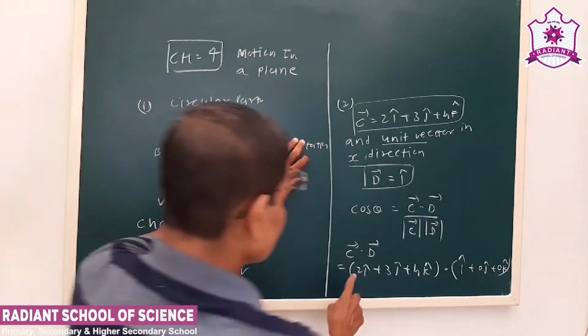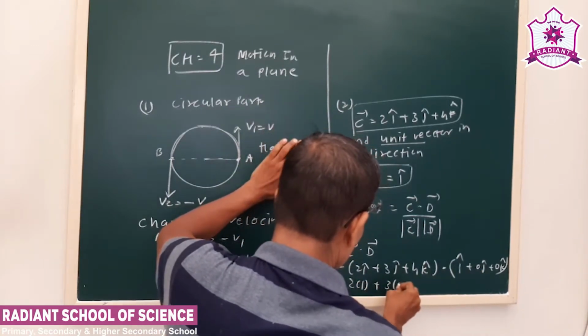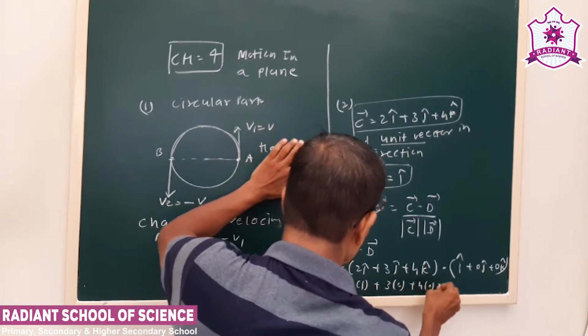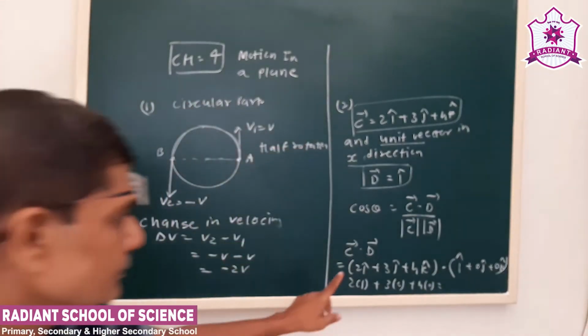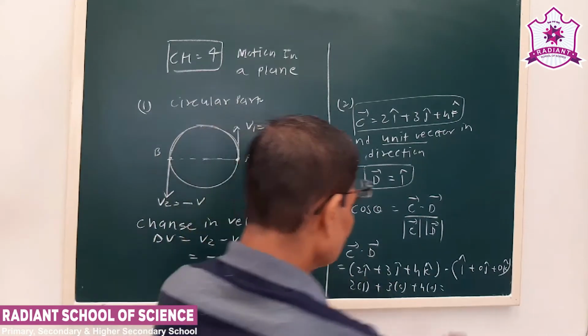So this will be 2 into 1, and for the others it is 0. So C dot D will be 2.